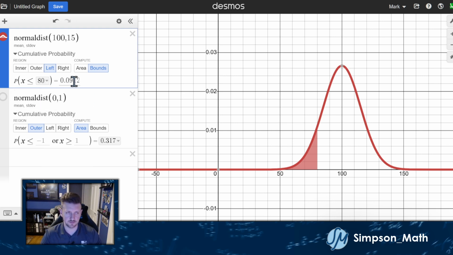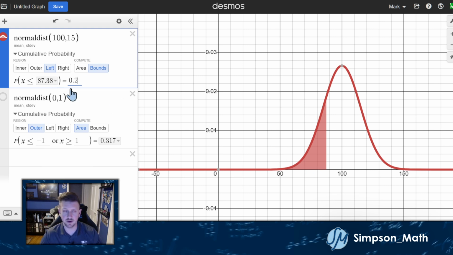All right, so I want this left region to be 20%. 20% as a decimal is 0.2, so I'm going to have 0.2 here. And that feels about right based upon my shading that I drew a second ago. And I get 87.38, which feels pretty good.